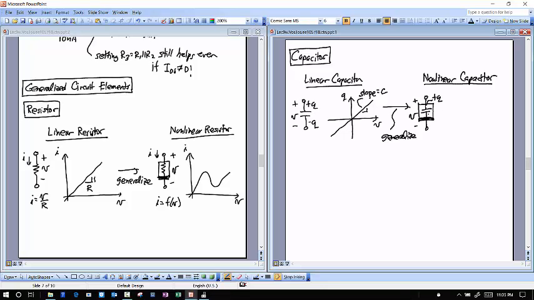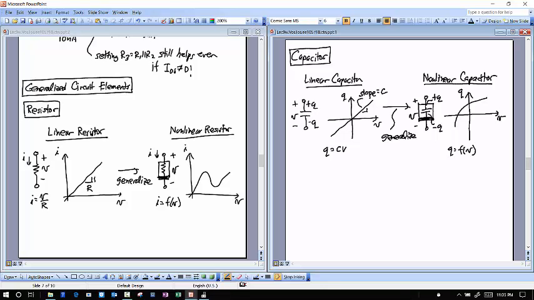We're going to get a positive charge and a negative charge across it, but now if I plot the charge versus the voltage across this, this is now no longer a linear function. So on the left side for the linear capacitor, Q is equal to C times V, it's linear. On the right side, Q is just some function of V that is not necessarily linear.